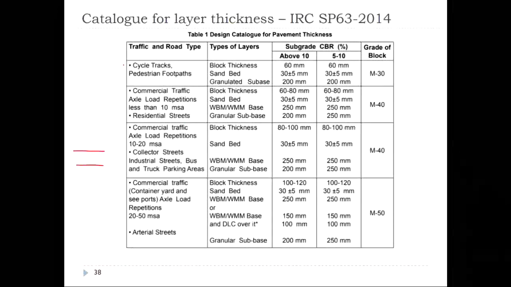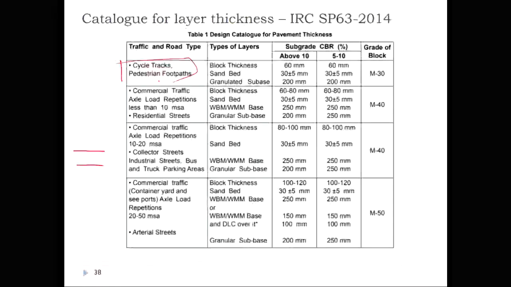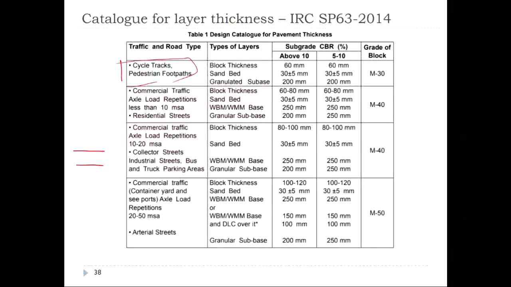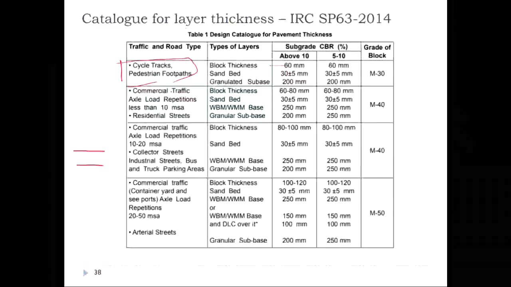You can see that for a pedestrian facility or a cycle track facility, these are the recommended block thicknesses, and this is provided for two subgrade conditions: strong subgrades and weak subgrades. For traffic levels less than 10 MSA, you can find that the block thicknesses are increased.